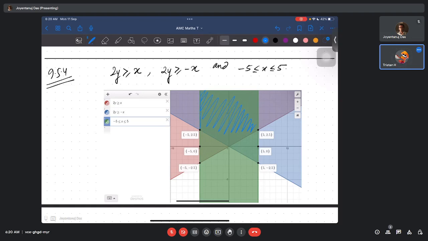Like this it will come, right? So this is the infinite region I wanted to say. Yes. So they're asking whether x minus y has a maximum value in this region?